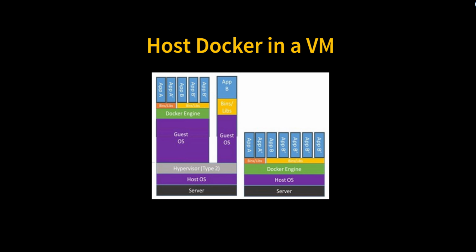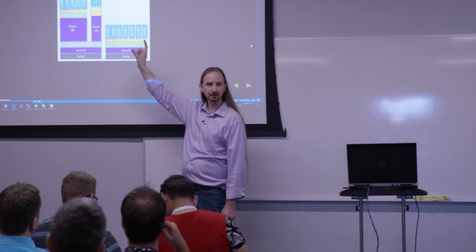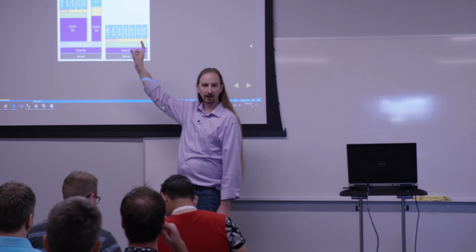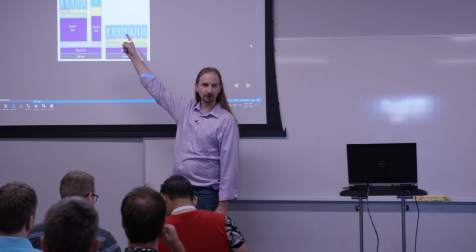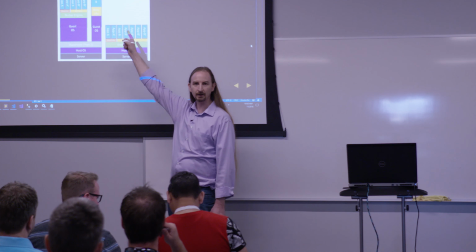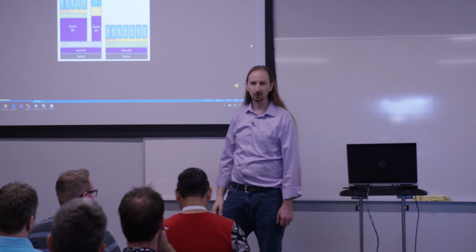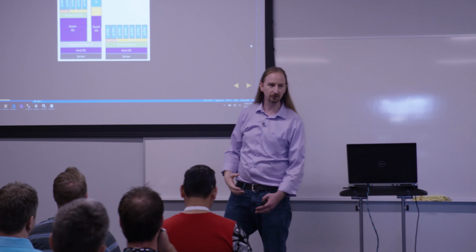I have my Mac. It has Mac OS on it. I have a hypervisor. In the case of Mac, it's Xhive. In the case of Windows, it's Hyper-V. And then I'll have a virtual machine. And then I'll install the Docker hypervisor inside that virtual machine. And I'll install my containers inside that hypervisor. What's really cool is I install Docker for Windows or Docker for Mac.